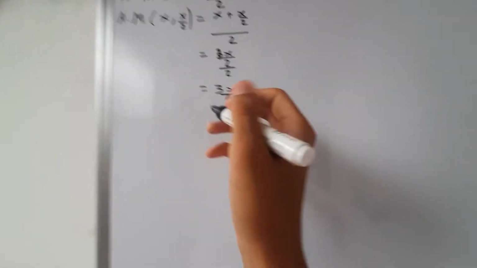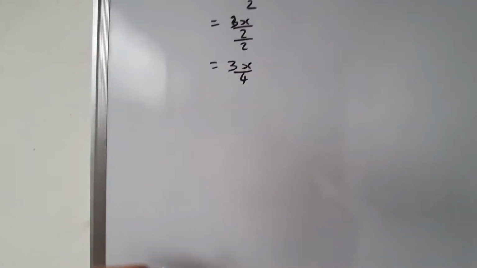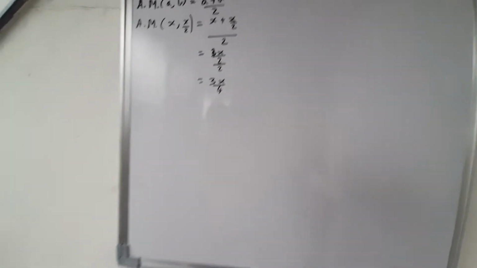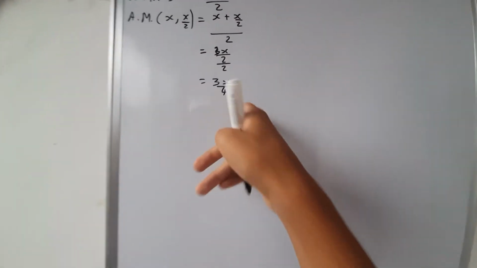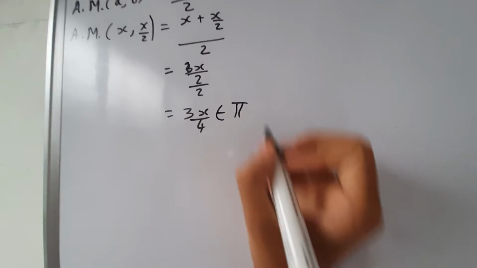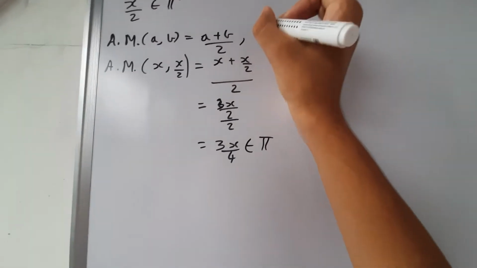And of course, it's easy enough to show that 3 upon 4 is a rational number, because 3 and 4 are co-prime integers. And that's multiplied with an irrational number. So therefore, we know that it's an element of the irrationals. And of course, the arithmetic mean is always in between.